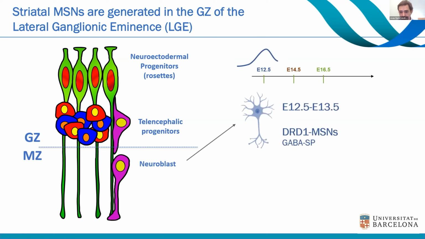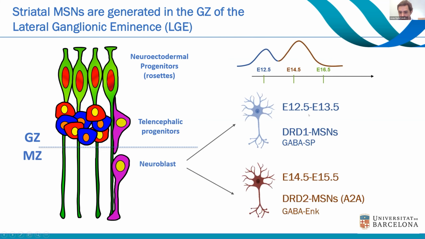And following two different waves of neurogenesis, they are going to produce the DRD1 MSNs that also express GABA and substance P between E12.5 and E13.5 in mouse. And the second wave of neurogenesis will generate the DRD2 MSNs, that also express A2A, between E14 and E15.5.